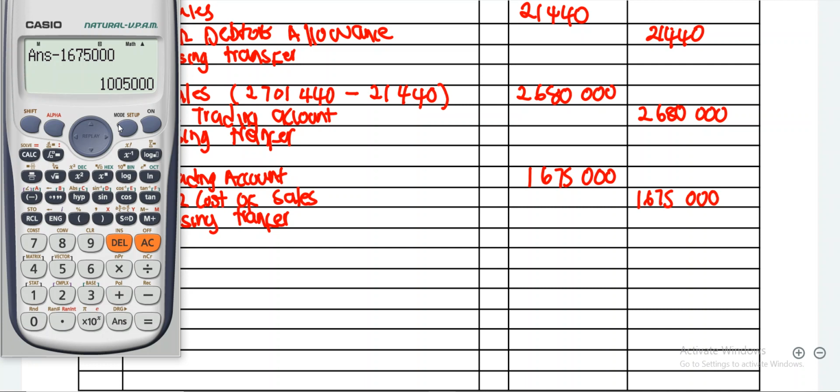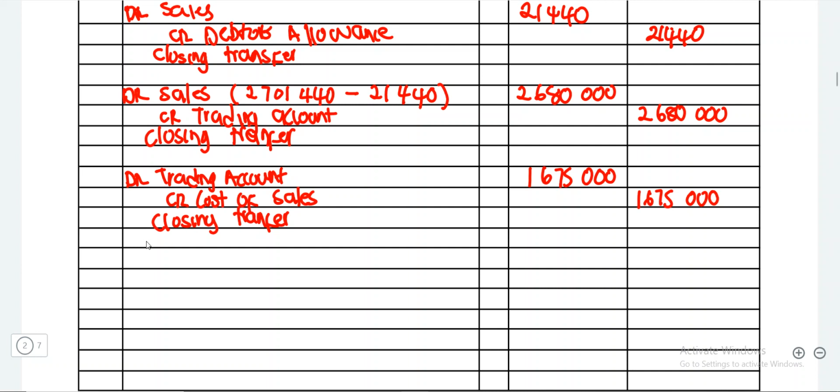So what are we going to do? We need to make sure that we write this in a way that it makes sense. It shows that profit and loss is an income, and we know that incomes on profit and loss account increase on the credit side. So we are going to debit trading account, and then we will credit profit and loss.